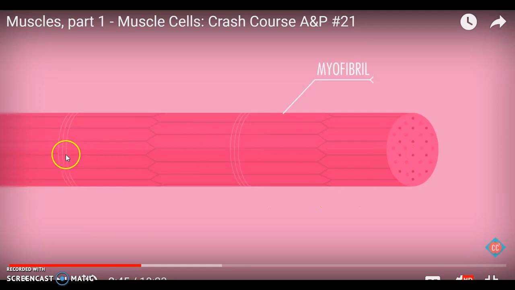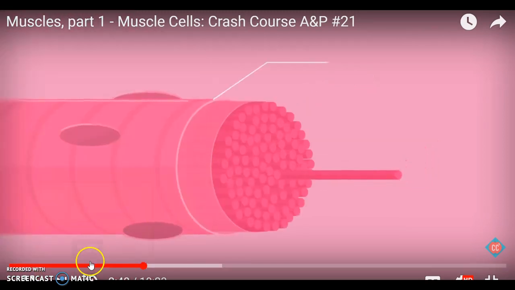And all the muscle cells contain these crazy, interesting structures called myofibrils, and muscle cells are packed with them. So we take a bunch of these myofibrils, and they go into a single muscle cell. So one muscle cell is kind of long like a rope, and it's full of these strands.